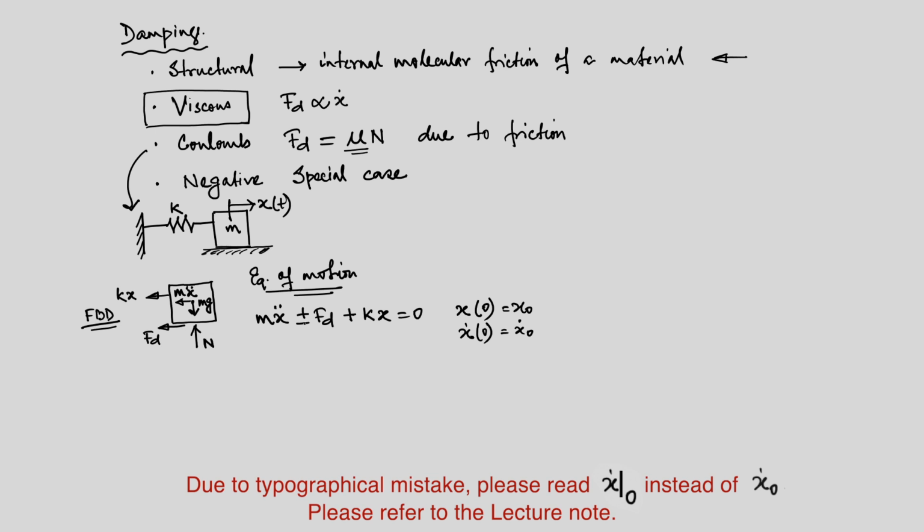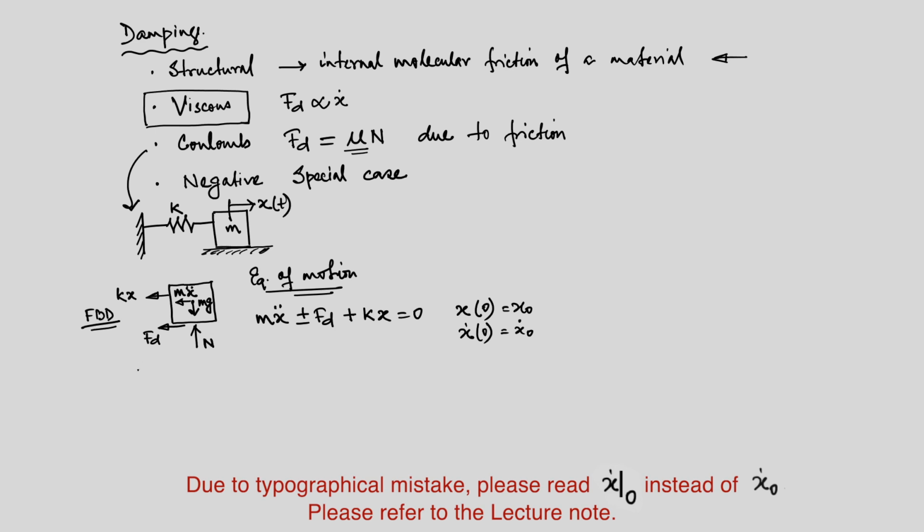The question is, why do we have this plus minus sign in the damping? Because in this case the damping force always acts in opposite to the velocity. So, that is the reason when we have positive velocity it is acting in one direction, when we have negative velocity it will act in the opposite direction.